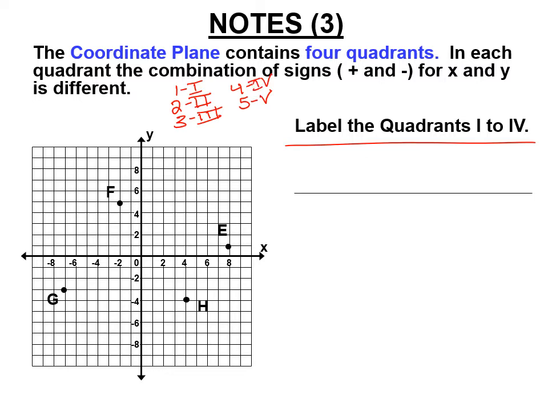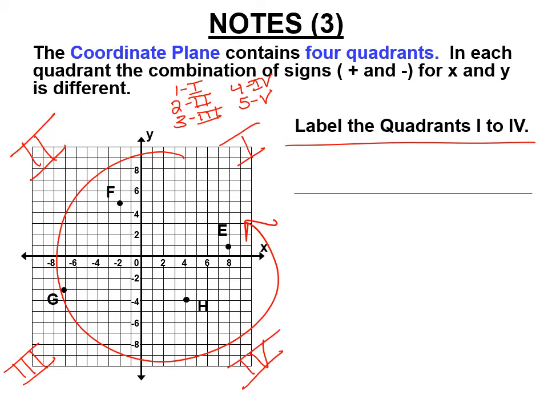And so that's what goes on with Roman numerals. So I want everyone to label that quadrant 1. Then we go counterclockwise, the opposite way of a clock. So we go that way, and this is quadrant 2, this is quadrant 3, and this is quadrant 4. All right, counterclockwise.